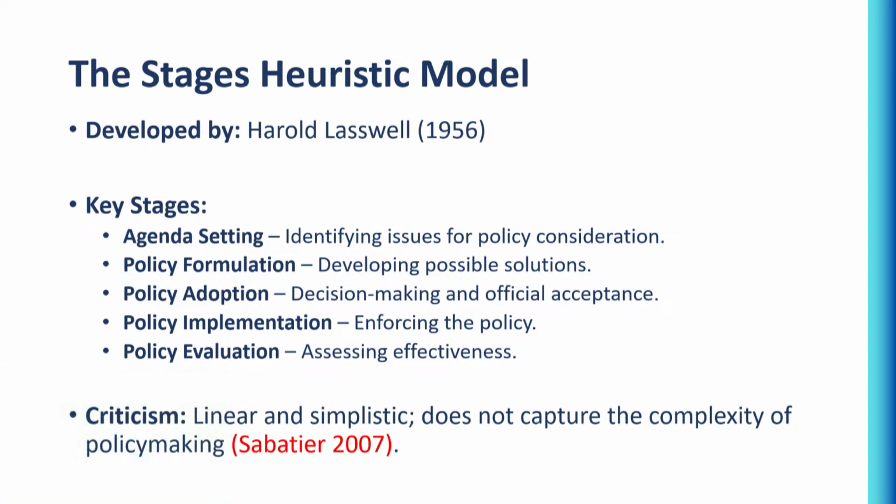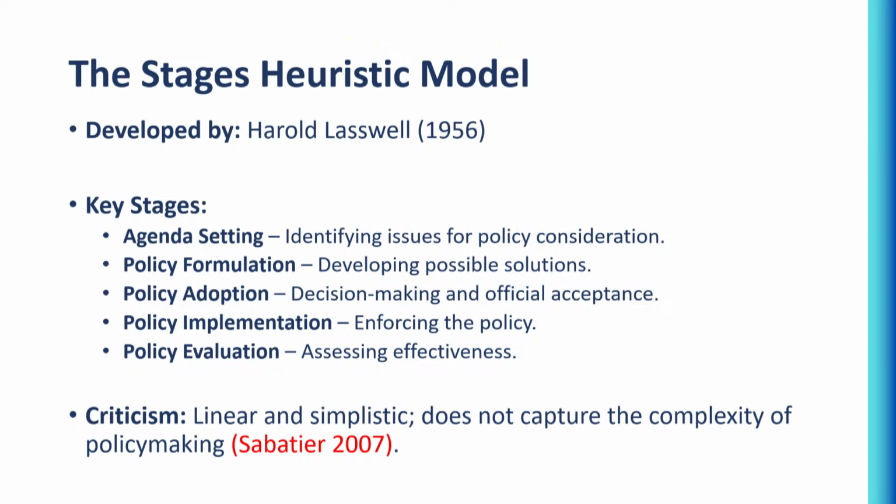Stages heuristic is one of the most simplistic models. It says there are clear stages: agenda setting, policy formulation, policy adoption, and evaluation. But there is a criticism. People say it's very linear. It shows as if one thing will happen and then it will lead to the next thing.